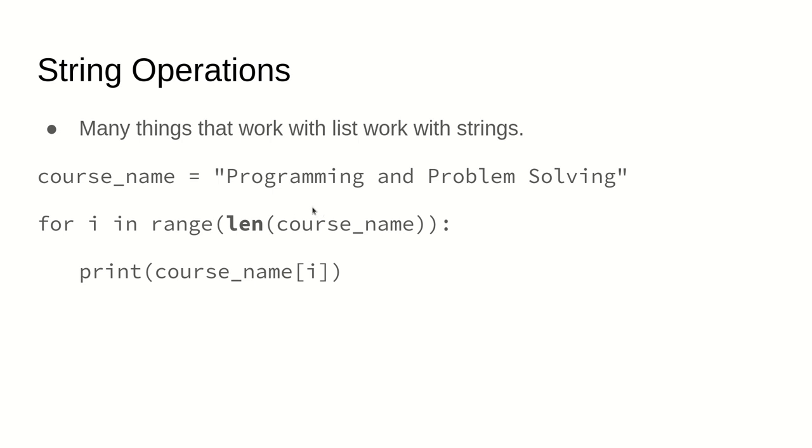So this is the sort of thing where I could print out not just the character, but if I wanted to, I could also print what index it's at. I could keep track of all of the indices where capital P's appear, or different things like that. But this is a pretty straightforward example where all we're doing is printing out each character from the course name on its own line, and we're doing it only a little bit differently because we're looking it up by index here.